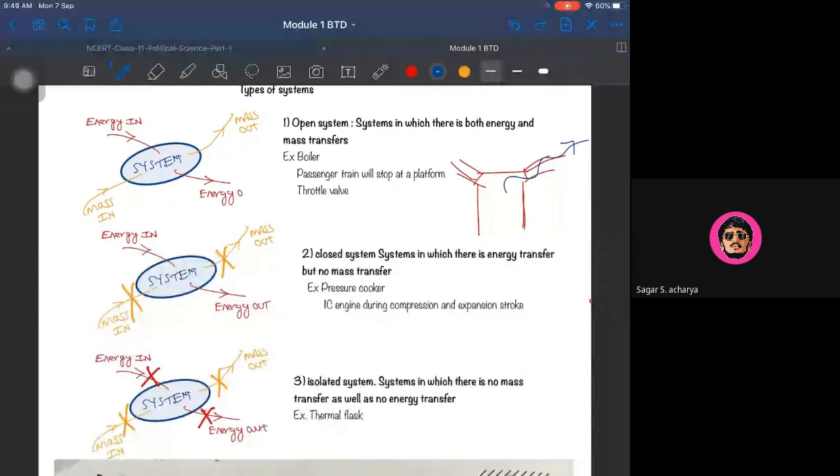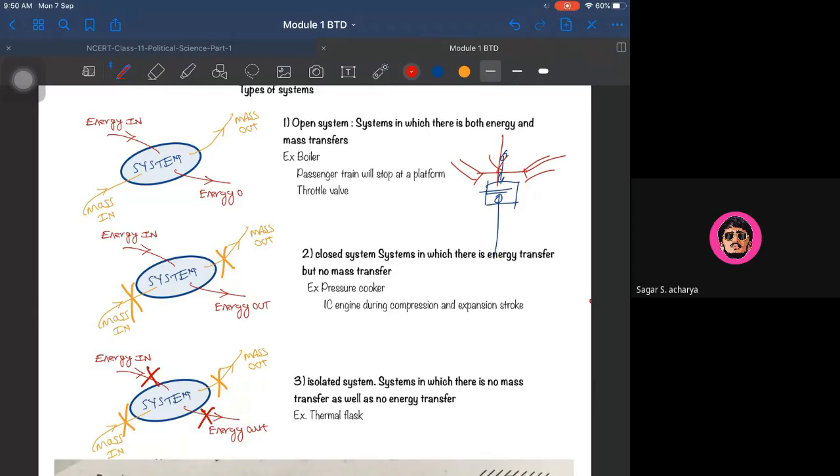But what happens during the compression and the power stroke? Both the valves are being closed, correct? So during the compression, your piston moves from BDC to TDC, compressing the gas. So there is energy transfer, and even in the power stroke, the piston moves from TDC to BDC, and you will be supplying the heat input into the system.